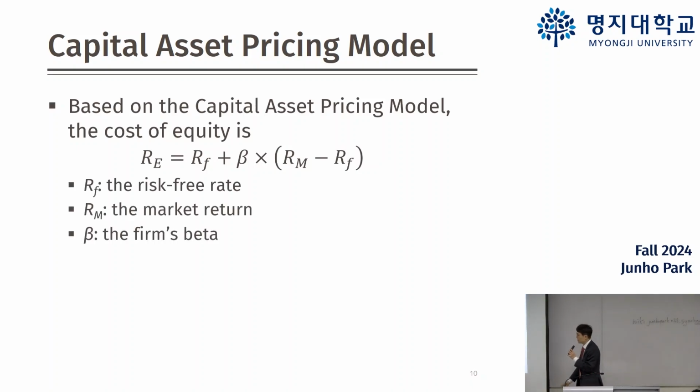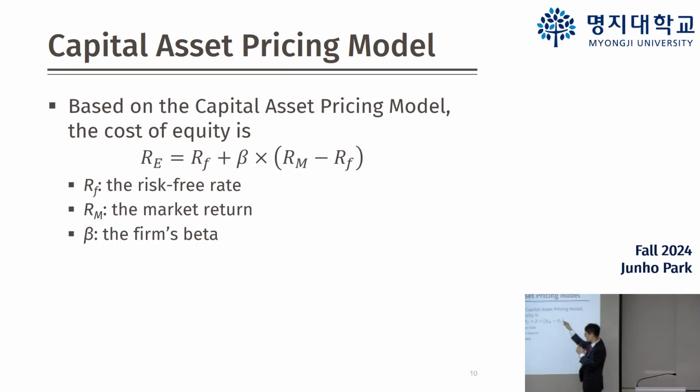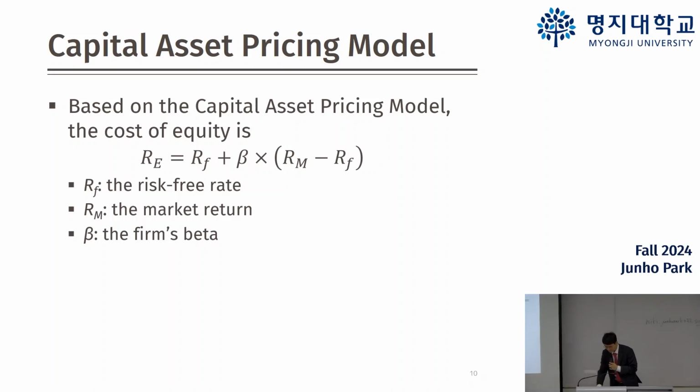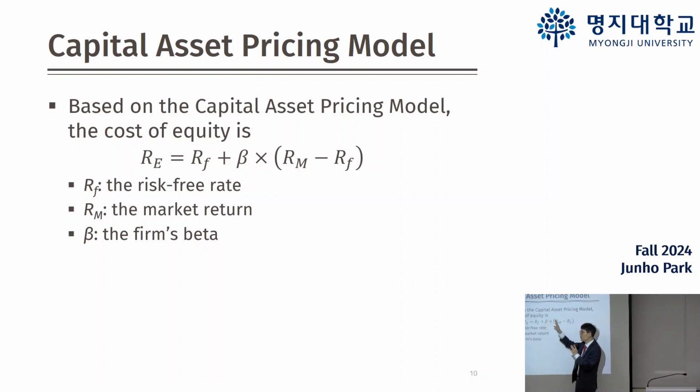And we usually say that this term, RM minus RF, symbolizes the market risk premium. And finally, you need to know the beta, which is about the level at which the company is taking risk. If the company is riskier, then the beta becomes higher and higher. If the company is safer, then the beta becomes close to zero.